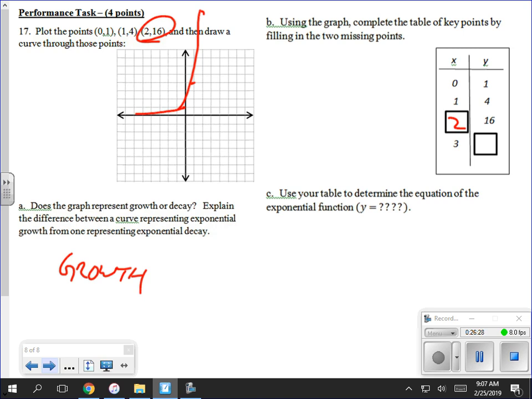What number do I take to the first power to get 4, and then the second power to get 16? That's 4. So I'm going to take it to the third power and get 64. Once again, I'm going to have some number to the x power. What number is that? It's 4 from the table. Anything to the 0 power is 1, so x being 0 doesn't help. But the other ones ought to tell you exactly what's going on with it.